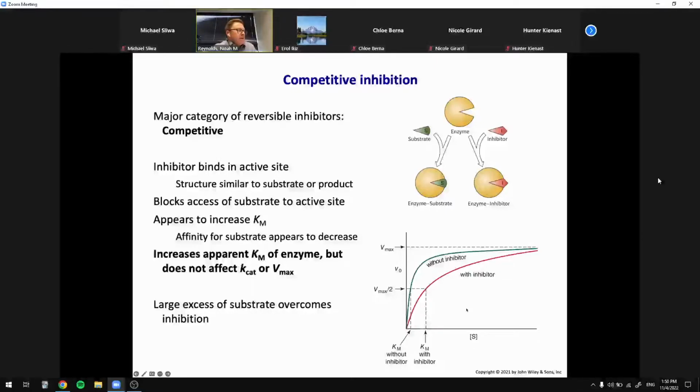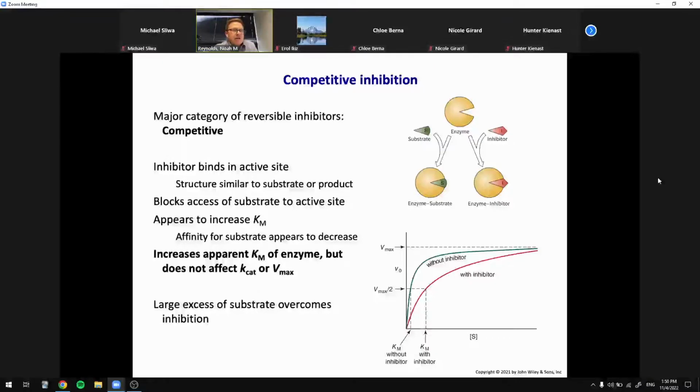But if we look at one of the Michaelis graphs, you can see with the inhibitor, what do we do? Right, this starts to come down. And so what we see is an increase in our Km. We don't see an increase in Vmax. It's not changing how the enzyme functions and it's able to work.